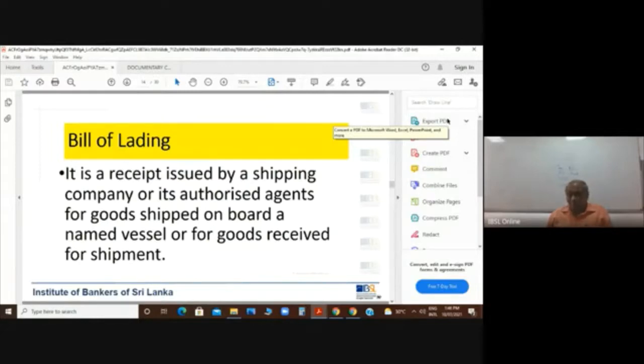So, bill of lading, it is a receipt issued by the shipping company or its authorized agent when they receive the goods for shipment to put on board, then they will issue the bill of lading.